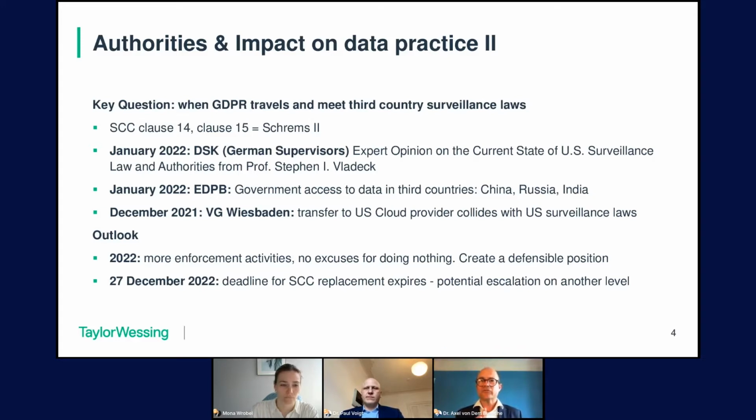We have to see this really long term, because you have to imagine how long data transfers outside of the EU have been existing. For the last 20, 30 years, we have had these data transfers under a very, very similar law to the GDPR. The predecessor, as you know, was the Data Protection Directive, still a very similar law.